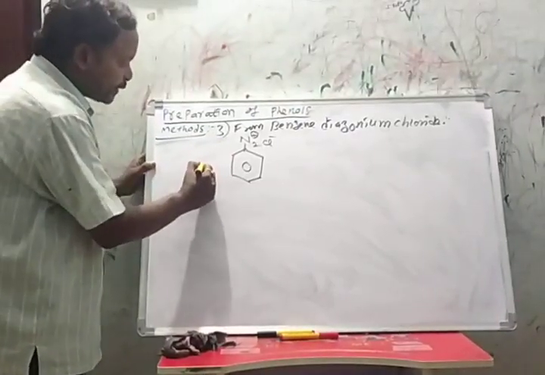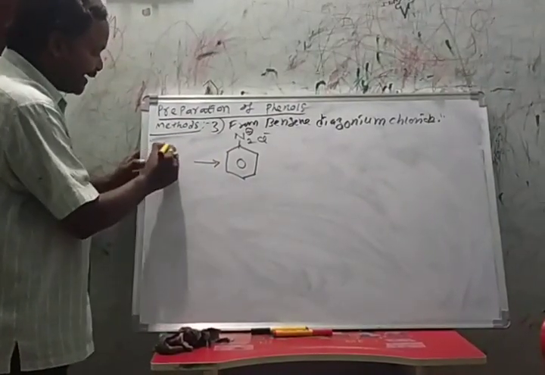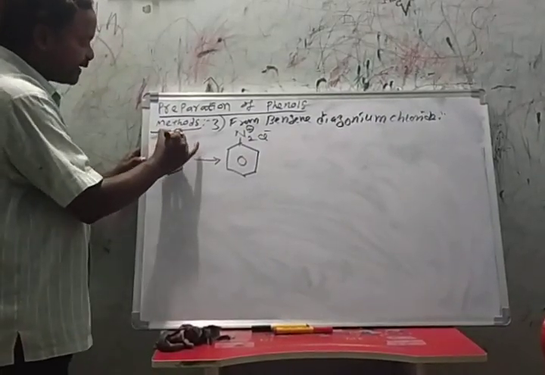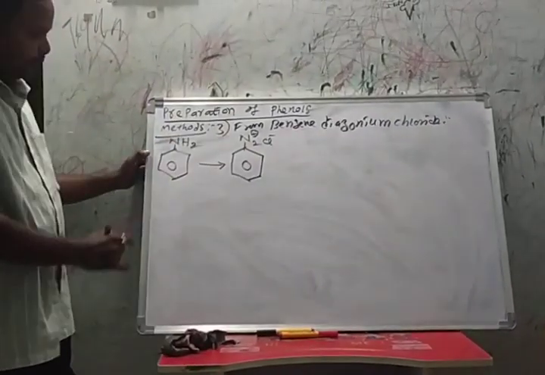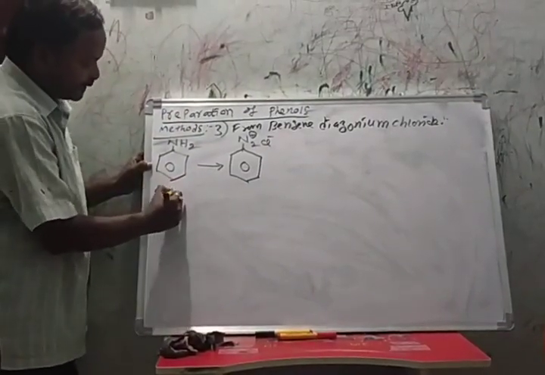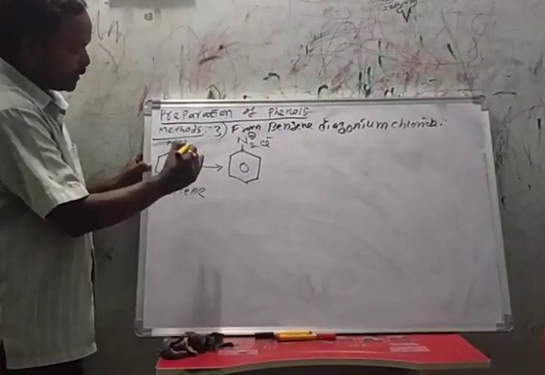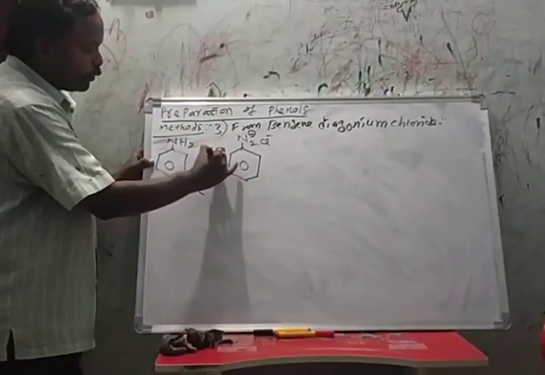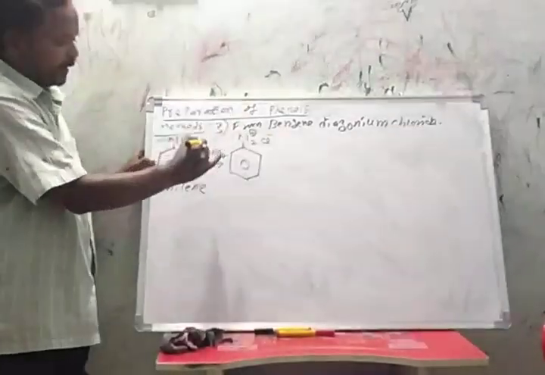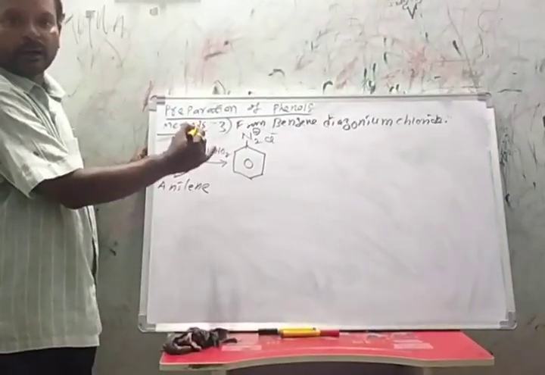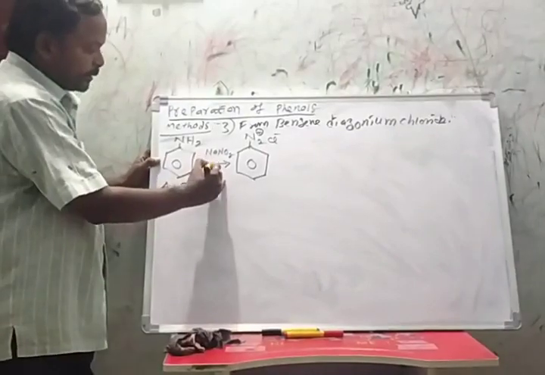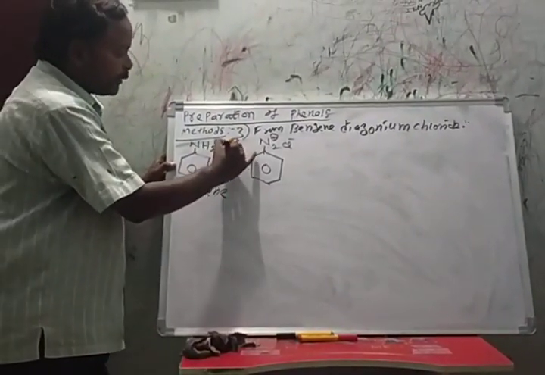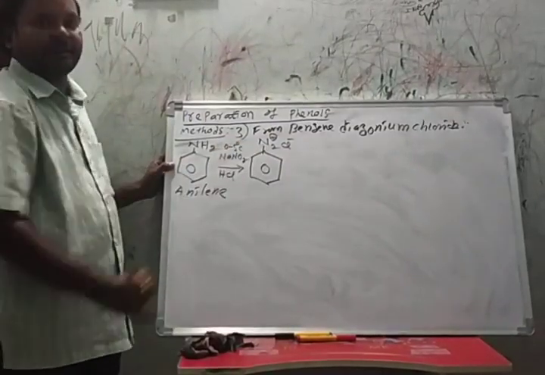This benzene diazonium chloride is prepared from aniline. Aniline means benzene with NH2 group. Aniline reacts with sodium nitrite, NaNO2, and hydrochloric acid at 0 to 5 degrees centigrade temperature.